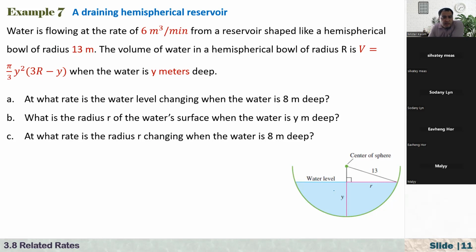And this y is the height of the water. Anyway, let's see.